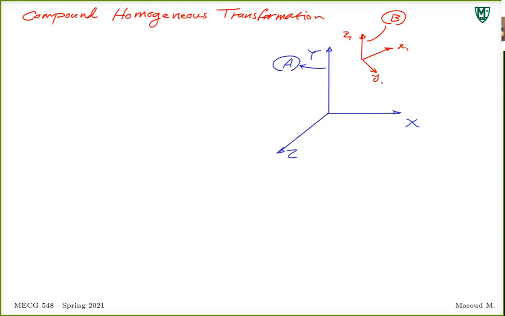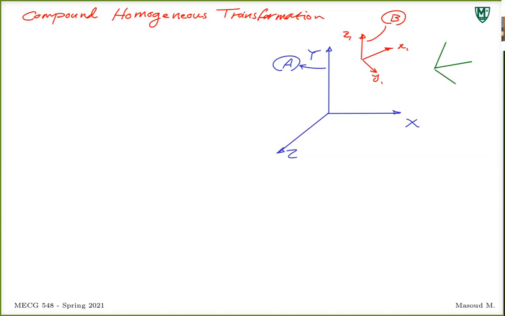And also, let's say now we have the third one. It's compound, so we have more than two frames. Let's put it here, with X, Y, and Z. I just want to show that they can be in any direction.